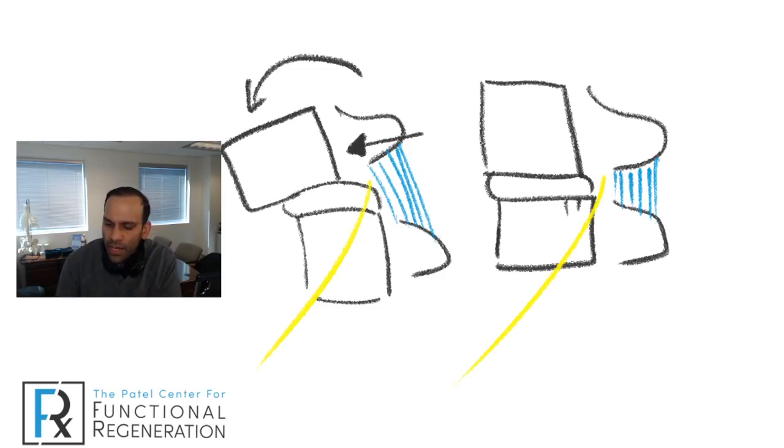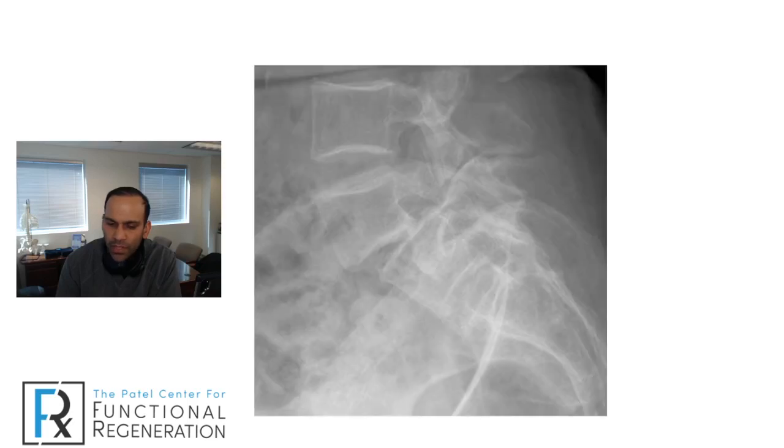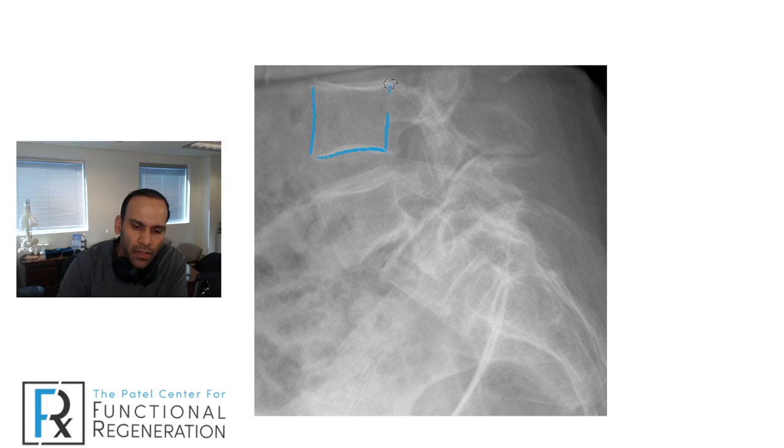So what does this look like on imaging? What does this look like on an X-ray? What does this look like on an MRI? So this is an X-ray. This is a side view X-ray of the lumbar spine down at the area of the sacrum. If you look here at these different segments, I'm just going to outline the vertebral bodies. Right here is the vertebral body.